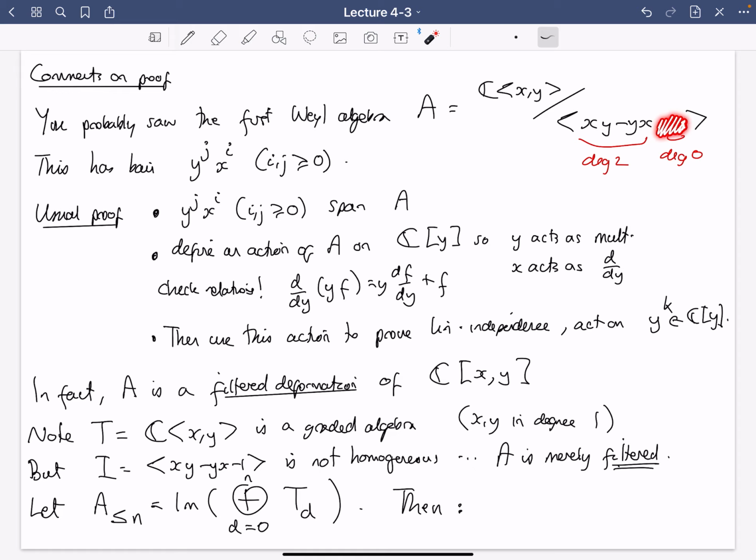We would have had that homogeneous relation forcing x and y to commute. And in our deformation, we've got this extra lower degree term sneaked in there. The proof that we've gone through, this proof of this basis, establishes that indeed, as your intuition might misleadingly tell you, it's not misleading in this case, and this is indeed a filtered deformation of the polynomial algebra.